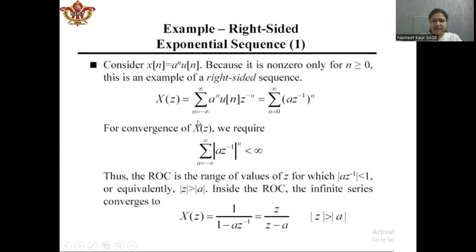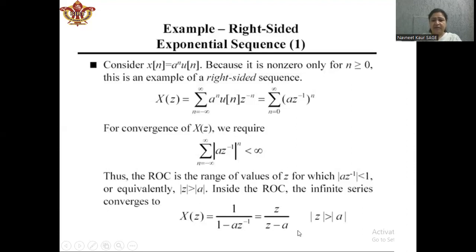And if I calculate the value according to the formula for infinite GP, I'll get a upon 1 minus r, where a is the first term, which is 1 here, and r is the common ratio, which is a z inverse. So if I solve it, it is z upon z minus a, and ROC is z greater than a.